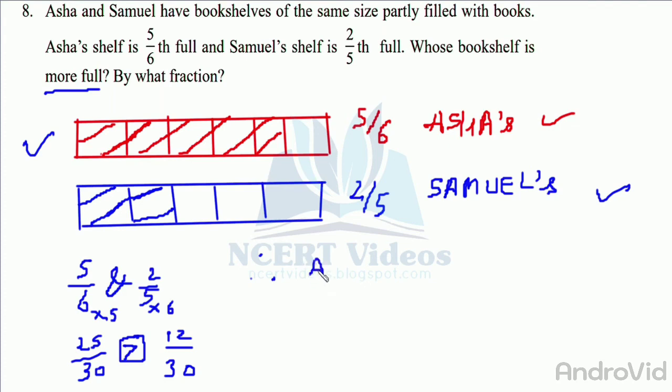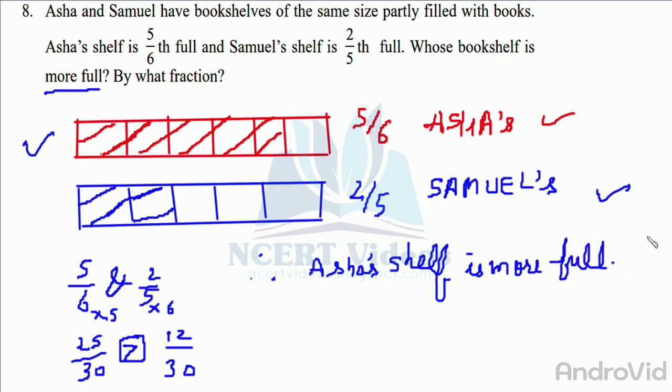Therefore, we can write Asha's bookshelf is more full. Now the other part we have to find. By what fraction means he's asking the difference.